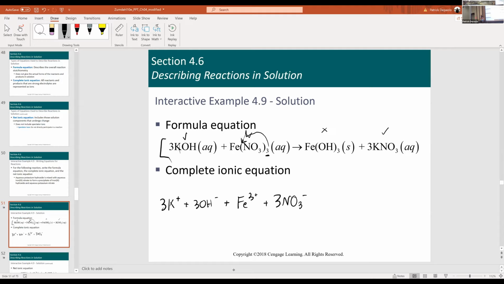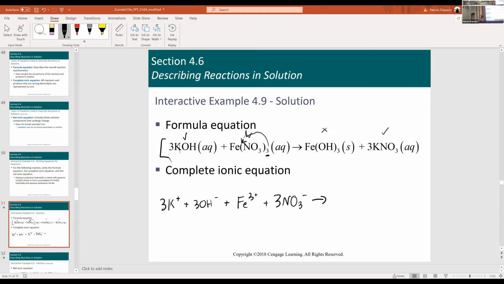The reason is that if you leave it at the bottom, that suggests you have a molecule that's NO3 3. That's not a molecule. They're not bound together like that. When iron 3 nitrate splits apart into its ionic components, it's just 3 nitrates separately. So that's why we bring the 3 to the front, because it represents the 3 separate ions that are in the water at the end of the day.